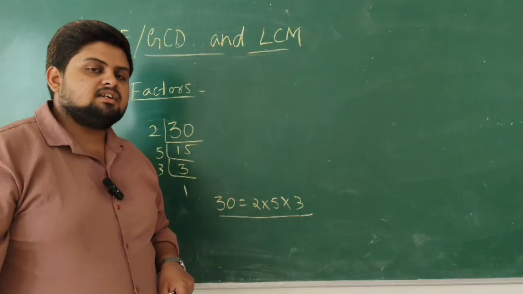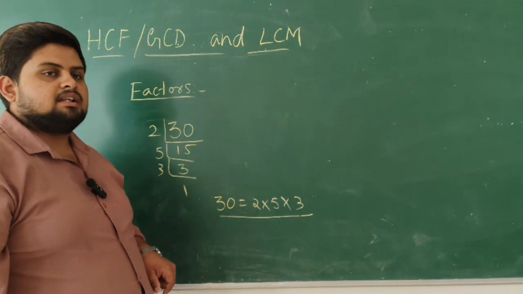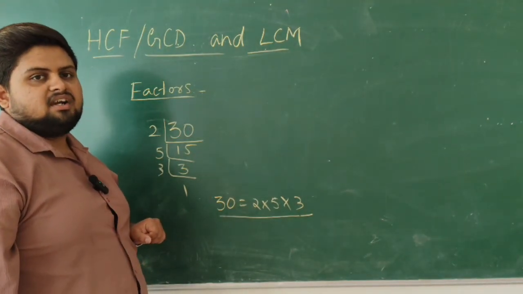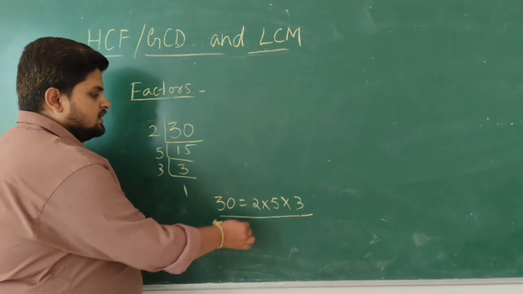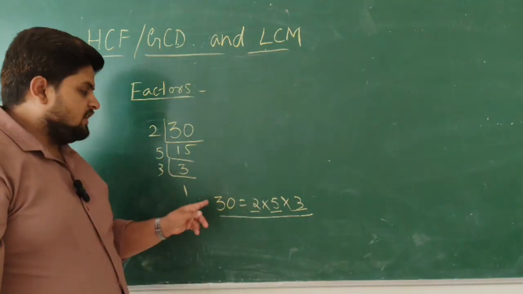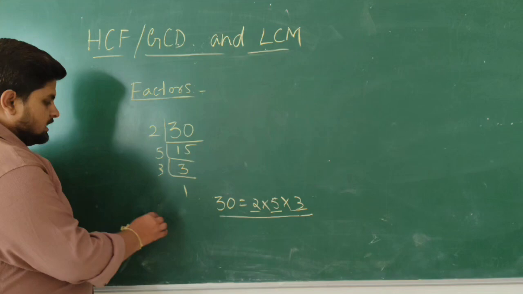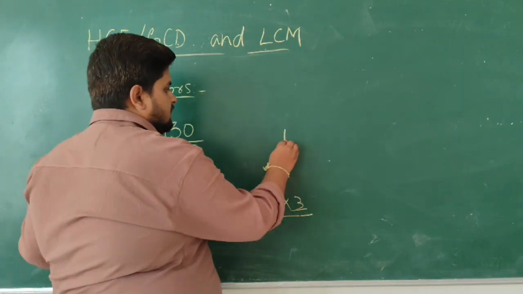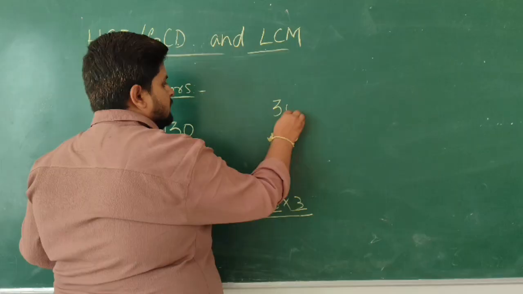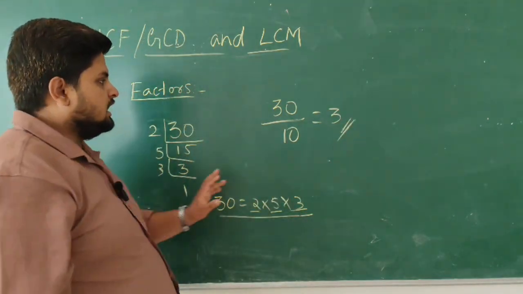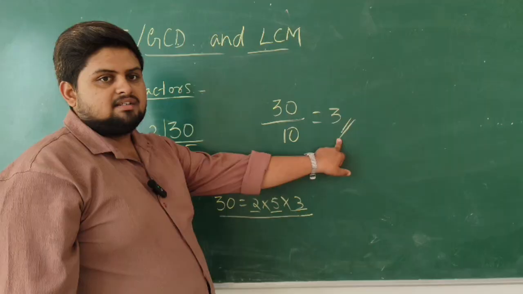In other words, factors are simply the numbers which divide the given number exactly. Here 2, 3, 5 are the prime factors of 30, whereas for a number such as 10, if you divide 30 by 10, you still get an integer, not a decimal.